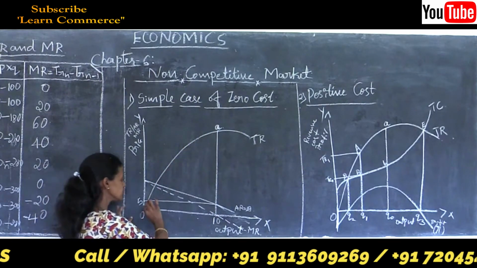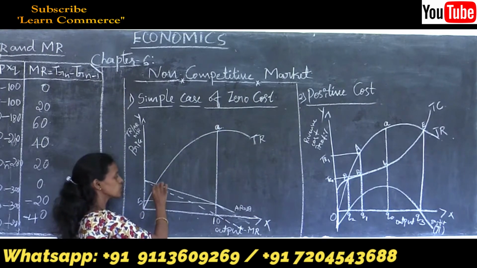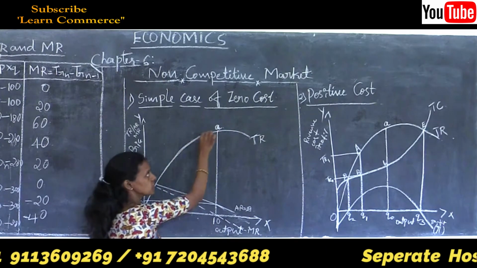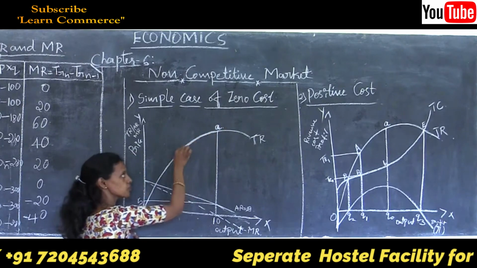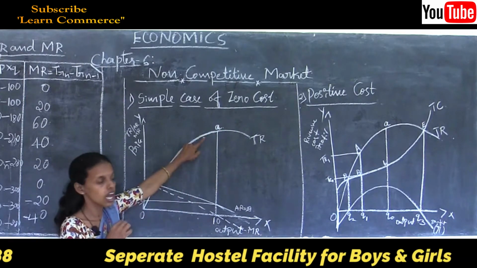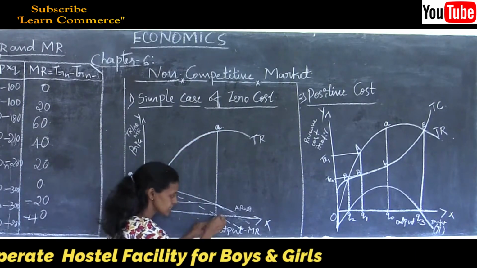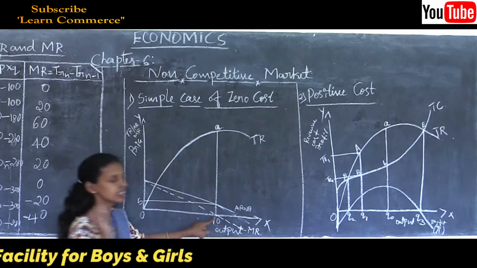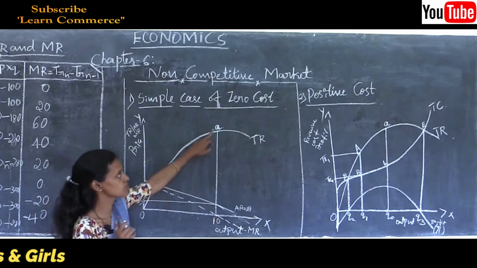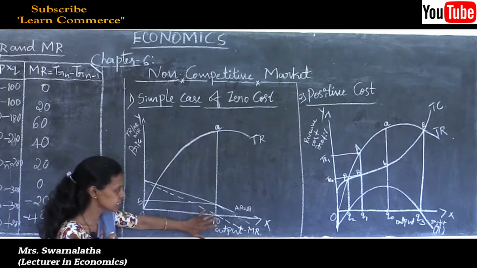So when the total revenue goes on increasing, total revenue meaning total profit of the firm, it goes on increasing up to the maximum level, that is 10 units produced. Here the firm's profit is maximum at saturation point A.